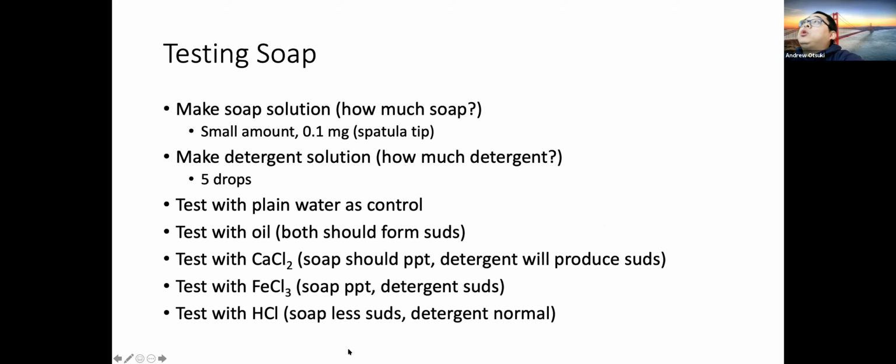And then we're going to test our soap with HCl. Our soap should form less suds. Why should it form less suds? I'll let you think about that. If I protonate my carboxylate group, it is no longer ionic and no longer charged.